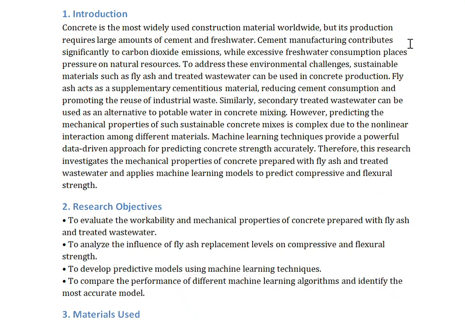However, predicting the mechanical properties of such sustainable concrete mixes is complex due to non-linear interaction among different materials. Machine learning techniques provide a powerful data driven approach for predicting compressive concrete strength.